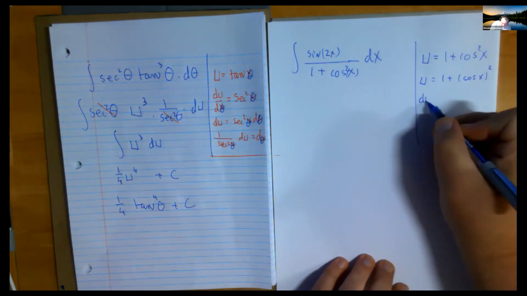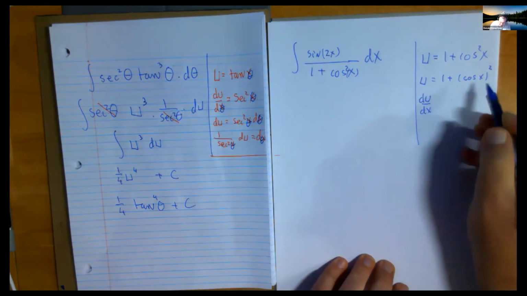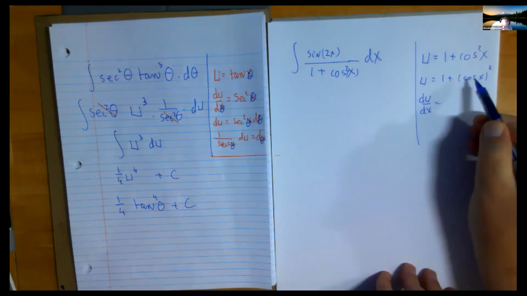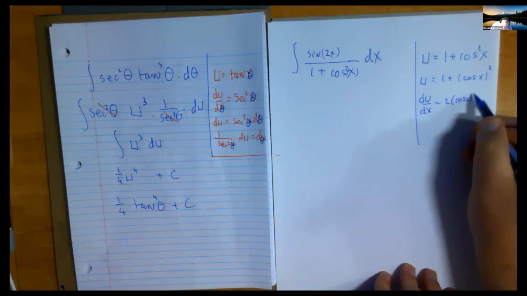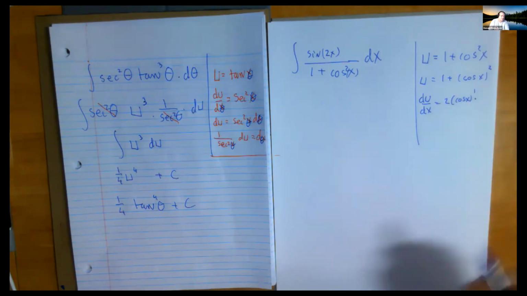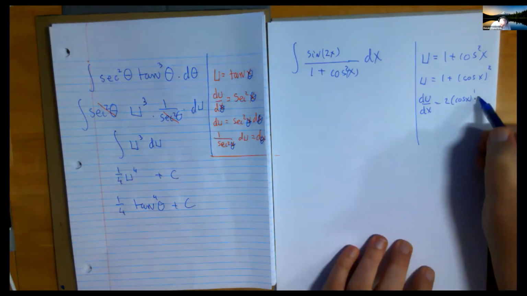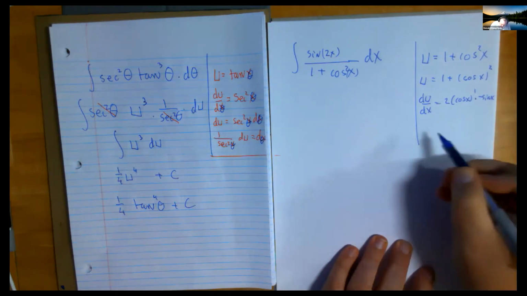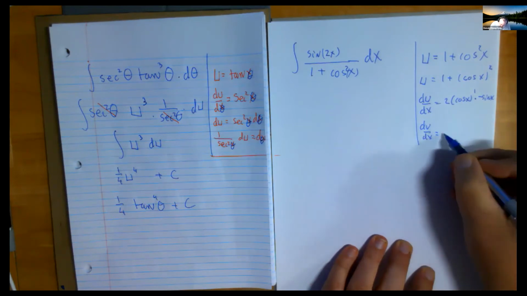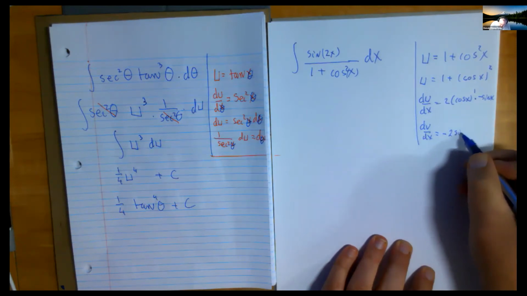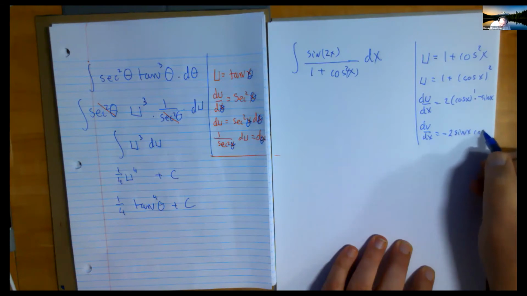Well, that gets you nothing. If you differentiate cos squared x, you get 2 lots of cosine x to the power of 1, but then don't you have to do the derivative of cosine x, which is negative sine x, which means that du by dx is negative 2 sine x cosine x.